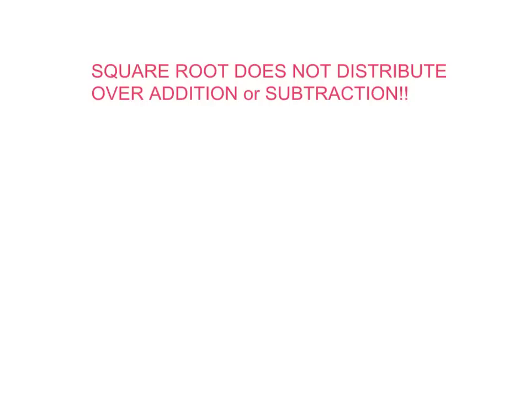I forgot to mention this big no-no that square roots do not distribute over addition or subtraction. What does that mean? Suppose you see something like the square root of 3 squared plus 4 squared.